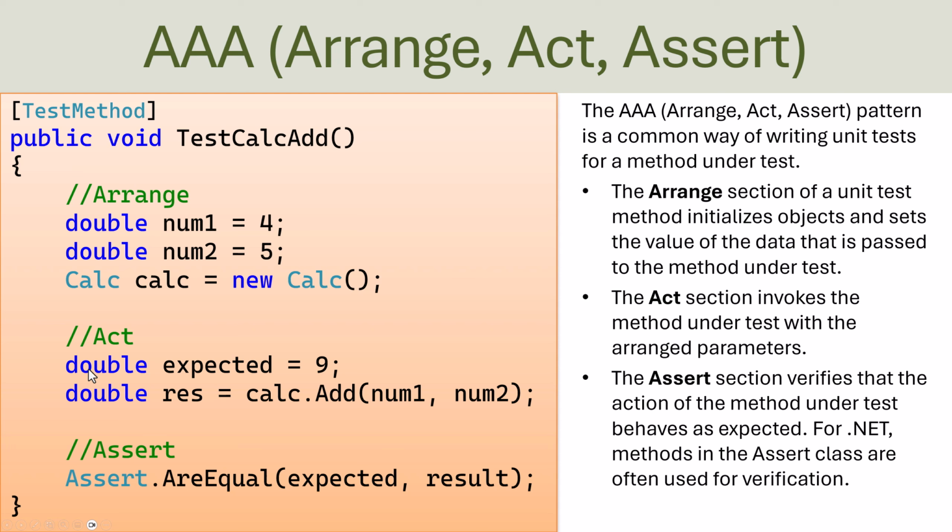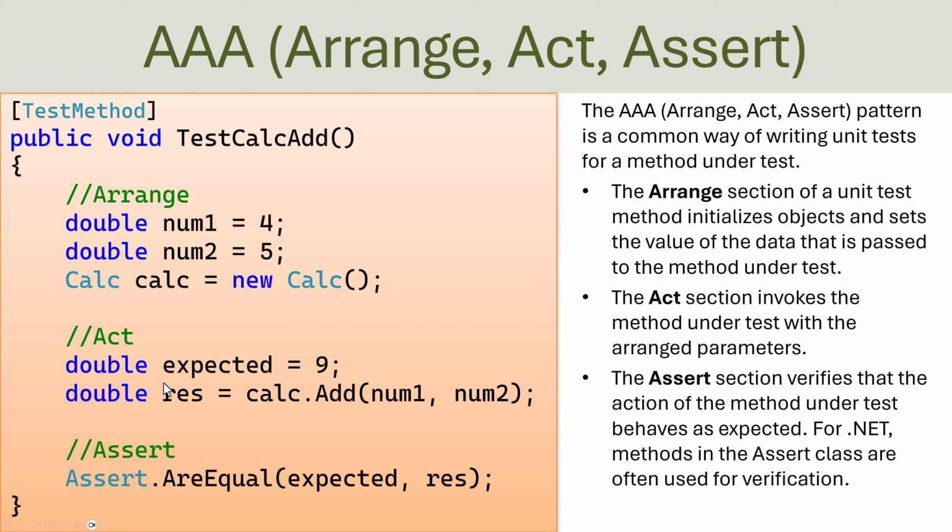Then here we specify the expected value under act. And then we just run our method here. And then finally, under assert, we use this AreEqual method to see if the expected value, in this case 9, is equal to the result that we get when we run the actual method.